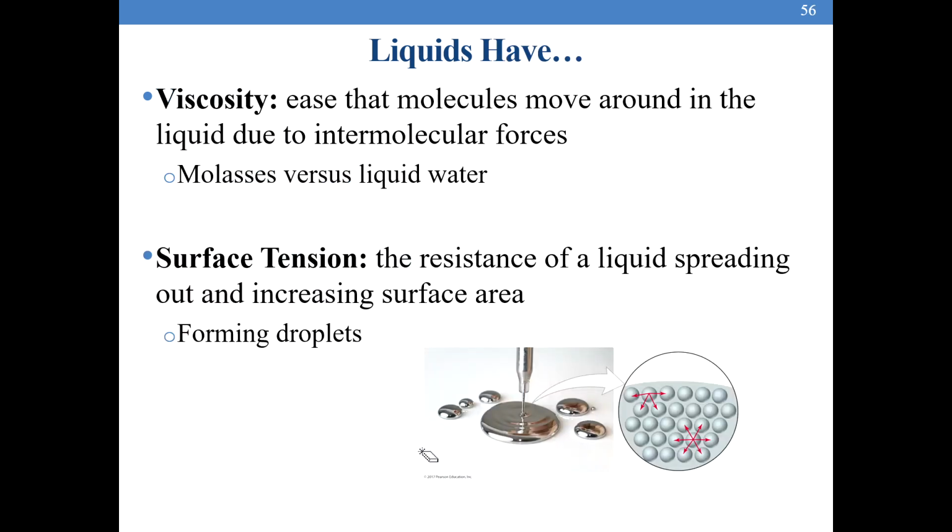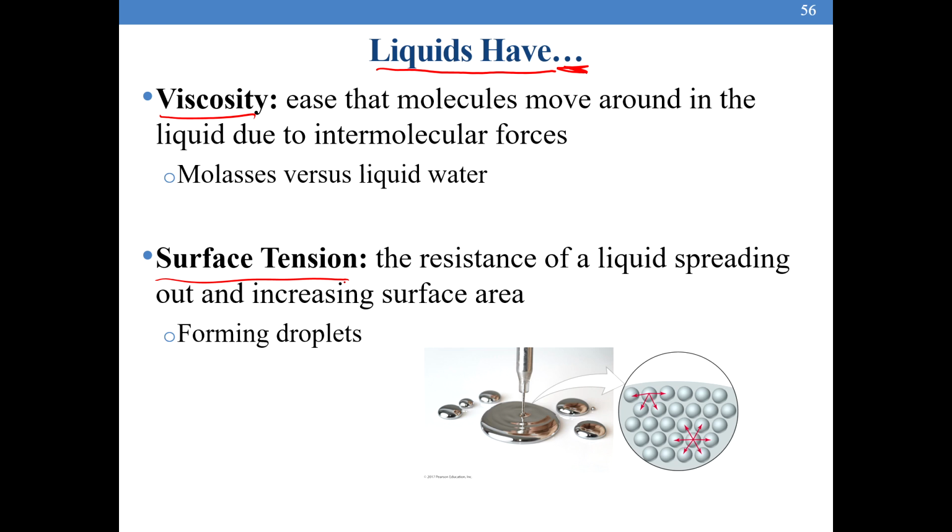One of the ways we describe liquids is that they have two components that are properties of liquids that you're not going to see in, say, gases or solids. Liquids have viscosity, and that basically means the ease with which molecules move around due to intermolecular forces.